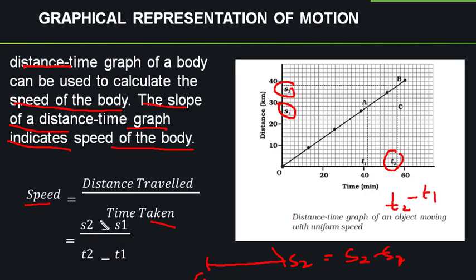So speed is basically what? The distance traveled divided by time taken. So from a graph, if you are asked to calculate the speed, what will you do? You see what is the distance on the y-axis, the change in it, and then you see how much time it took, and then you divide the distance traveled by the time taken. It will give you the speed.